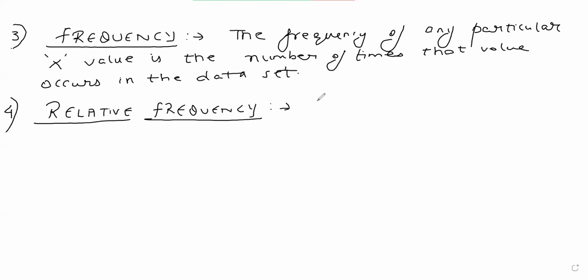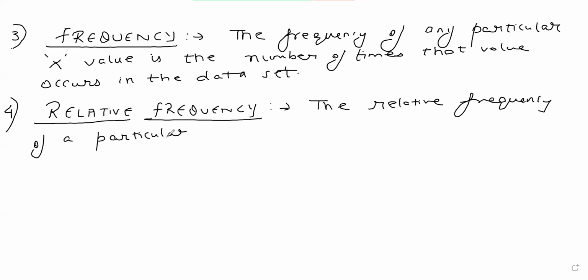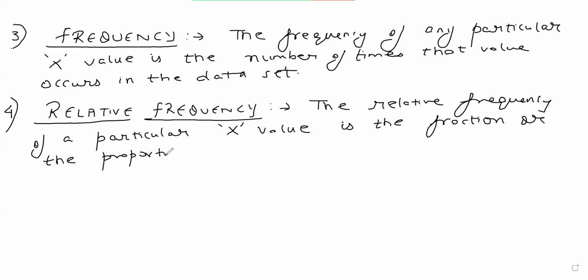Relative frequency, I can write that the relative frequency of a particular x value, where x is one particular value of the random variable capital X, is the fraction or the proportion of the time that value occurs. It is a particular proportion or fraction of the times that value occurs.